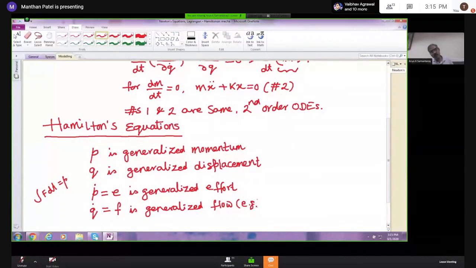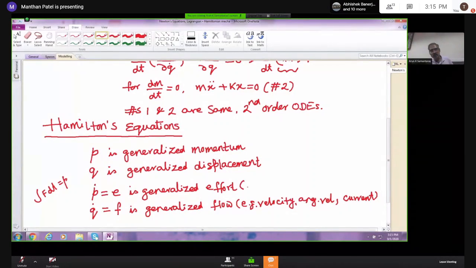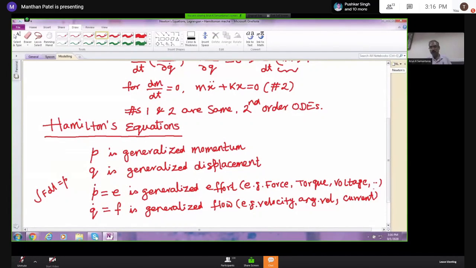Examples: velocity, angular velocity, I have written angle in short, current, etc. And in this generalized effort, we can put, for example, force, torque, voltage, etc. So P dot is generalized effort, Q dot is generalized flow.